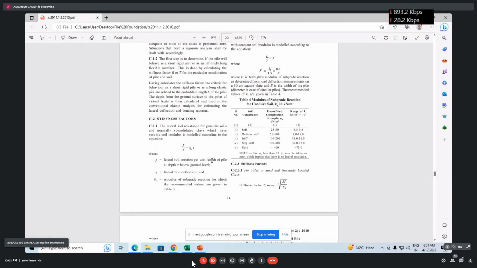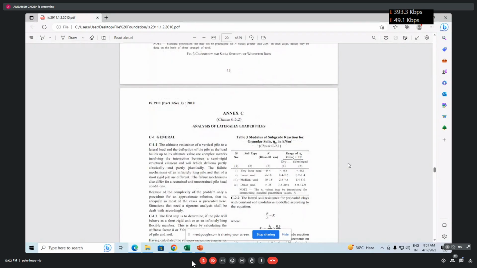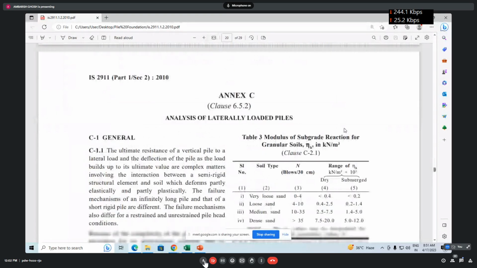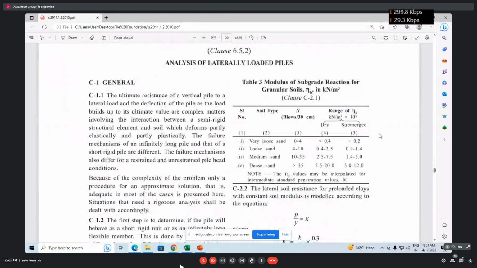Now all of you are having the code. Can you see it? Yes, sir. Now there are two tables given. In Table 3, you can see eta h is given in 10 to the power 3. You have to remember the units very carefully because we are going to use some empirical formulas.